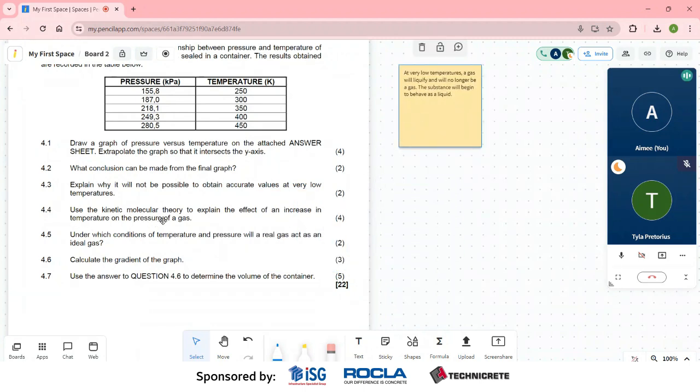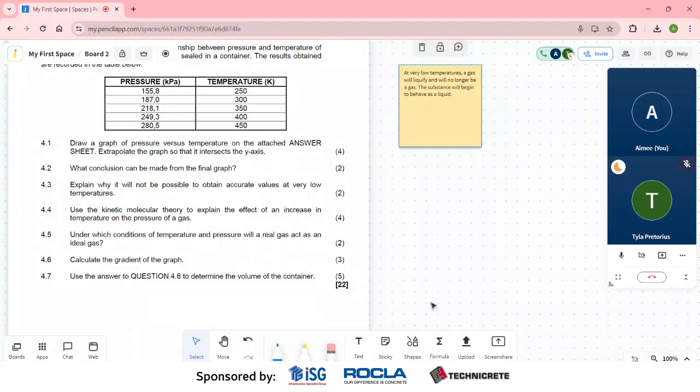4.4 says use the kinetic molecular theory to explain the effect of an increase in temperature on the pressure of a gas. Okay, so this one is for 4 marks. So, point number one, if the temperature increases, the average kinetic energy of particles increases.